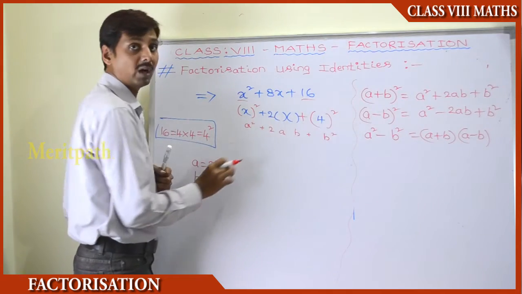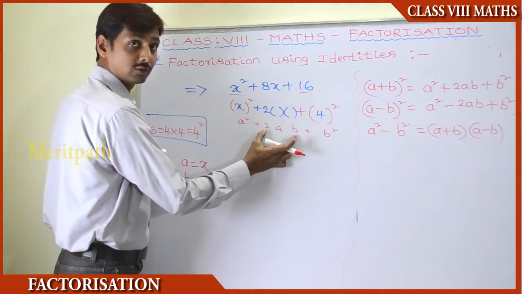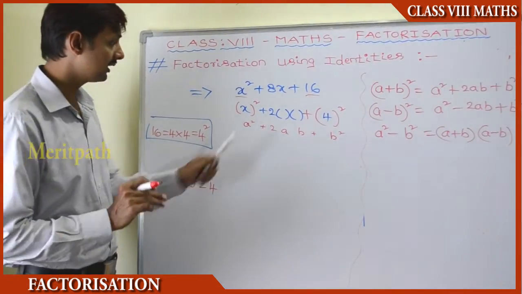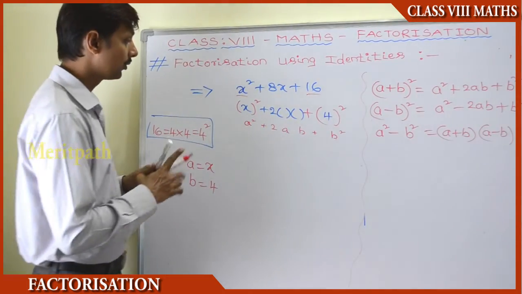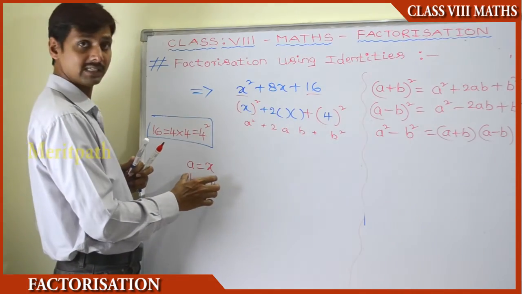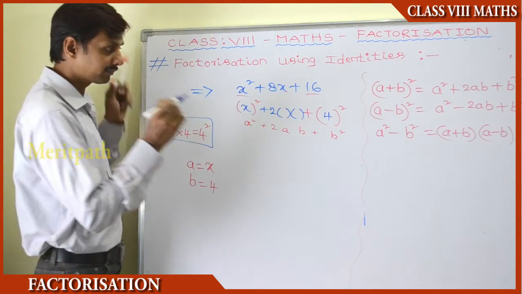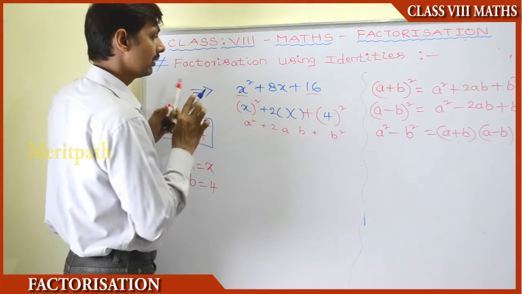So these two are balanced, but here this is 8x, that should be balanced with the 2ab, and the 2 is common in the formula. We know that a square plus 2ab plus b square, and that we have 2. So we have taken a is x and b is 4.